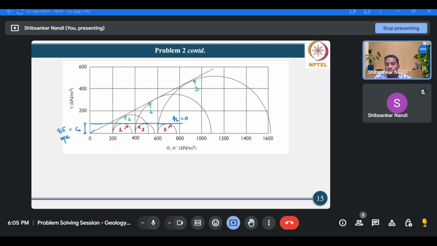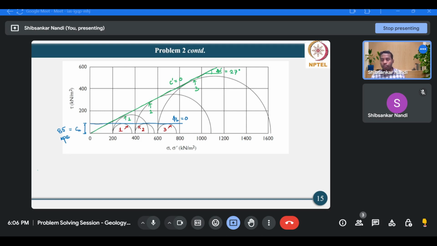Now a common tangent to all these Mohr circles is drawn, and the cohesion intercept here is 0, so that means your C prime value is 0. However, the horizontal inclination, that is phi prime, is noted to be 27 degrees.